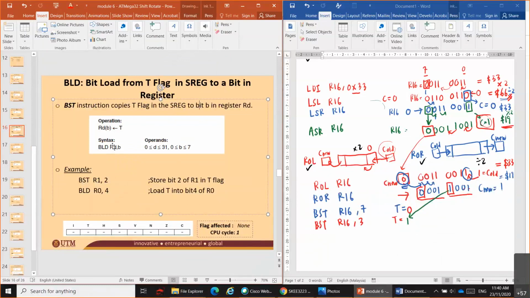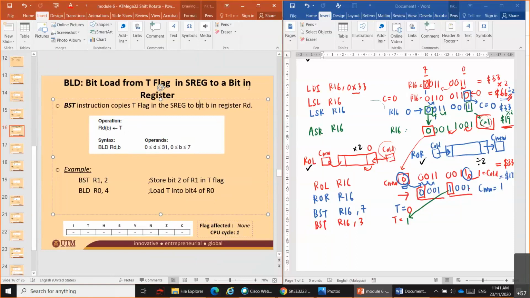The syntax is BLD Rd, comma b. Rd is your GPR from R0 to R31, while b is your bit location from bit 0 to bit 7. So you take the value from your T flag and put it in bit b inside your GPR.